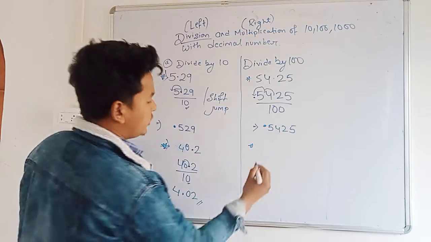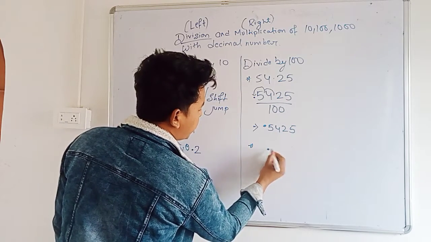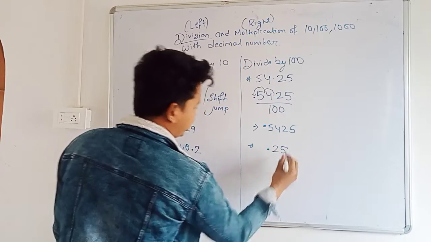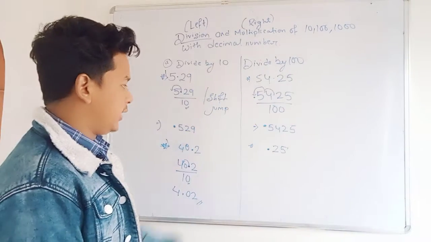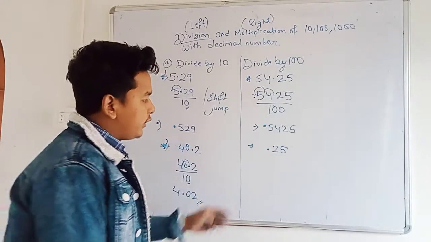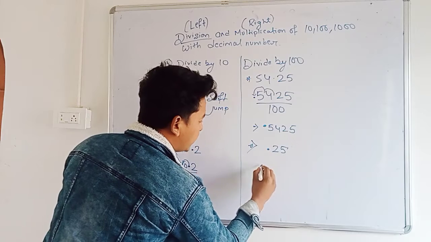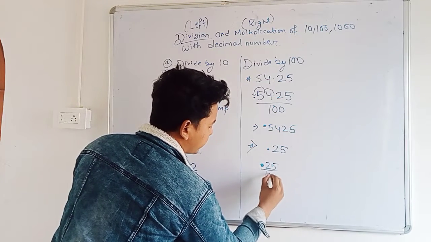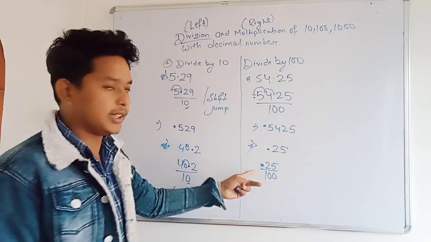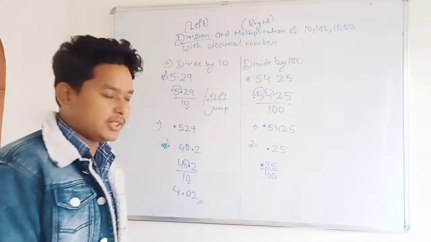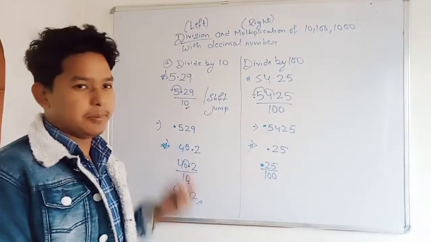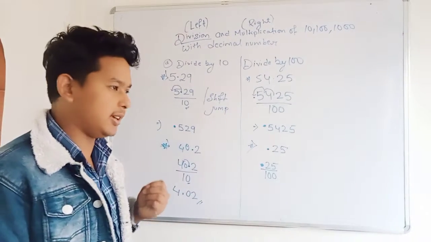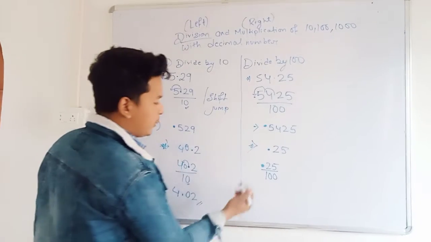Next, some might have confusion: sir, if the number is 0.25, then it will jump to the left hand side if we divide by 10. Very good, if you are thinking this type of number, it will jump to the left hand side. Sir, but there is no number. How can it jump? You may think. So, if there is no number, you have to add zeros.